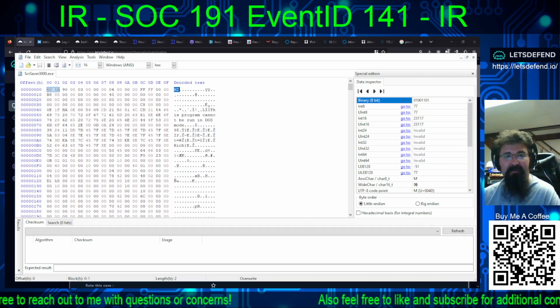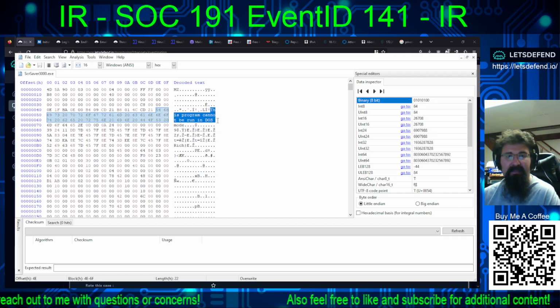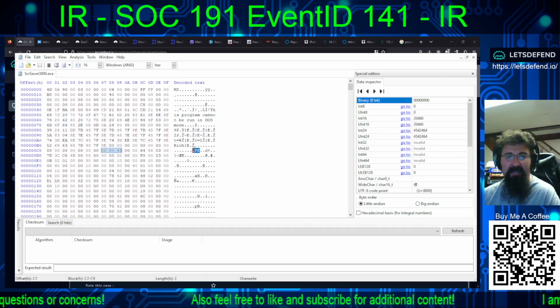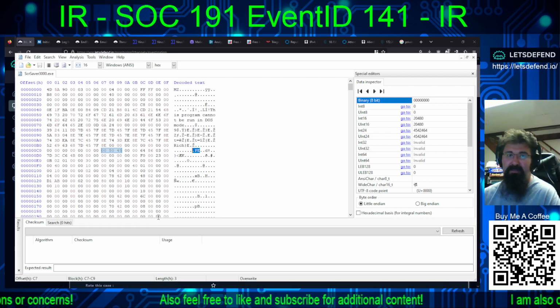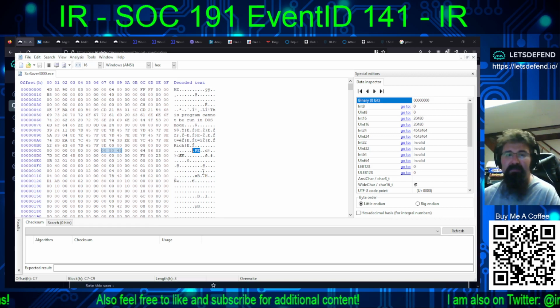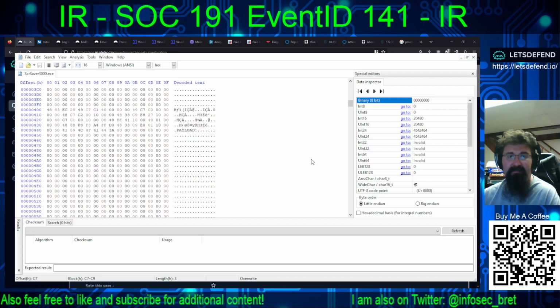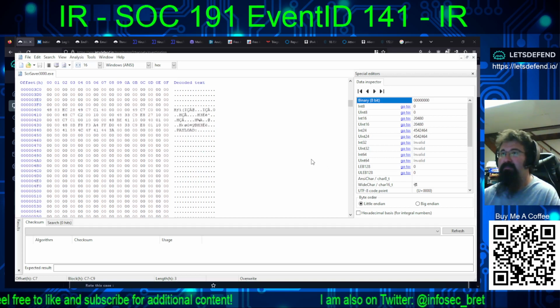Then the follow-on, "This program cannot be run in DOS mode," which is what you'll typically see, and then we get PE. So it's usually MZ, "This program cannot be run in DOS mode," and then at some point PE, and then it breaks down from there. Payload.